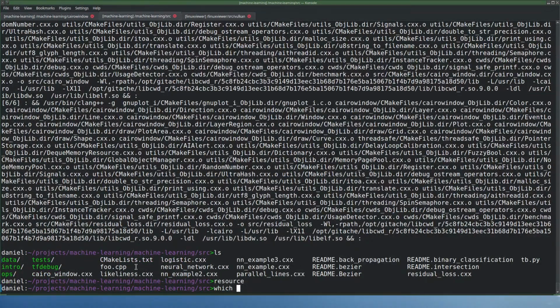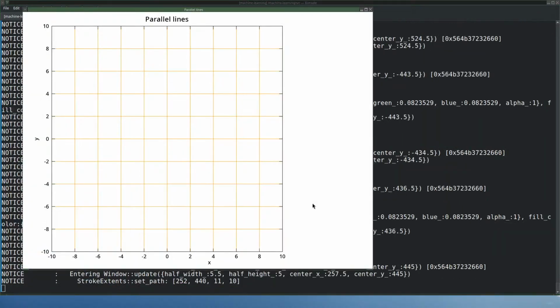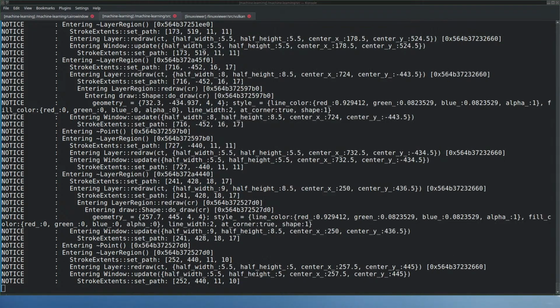Source which parallel, where's my parallel lines? It even exists. Isn't it amazing? We get nothing. Seriously. Nothing. What?